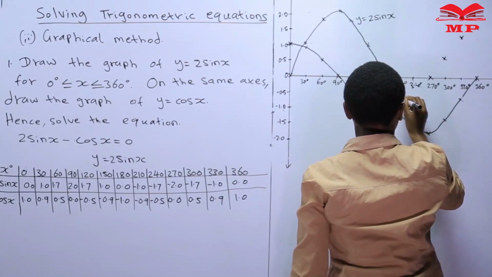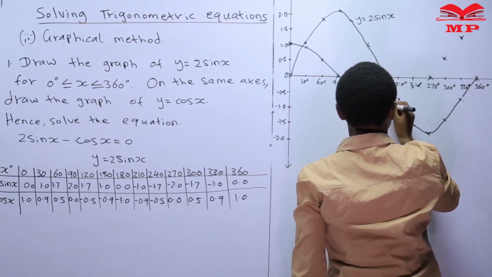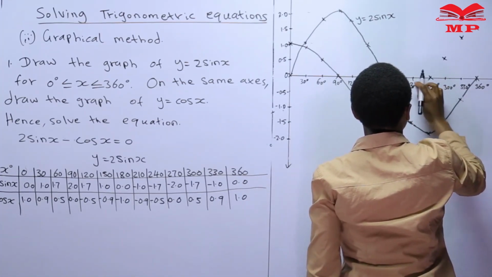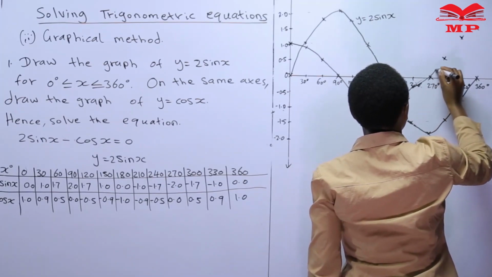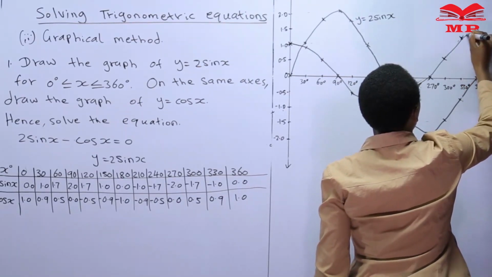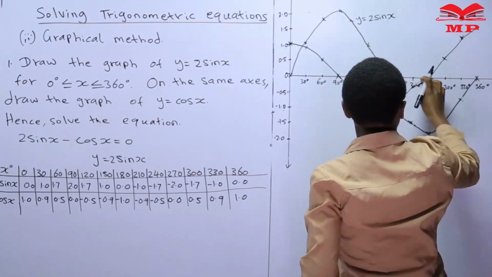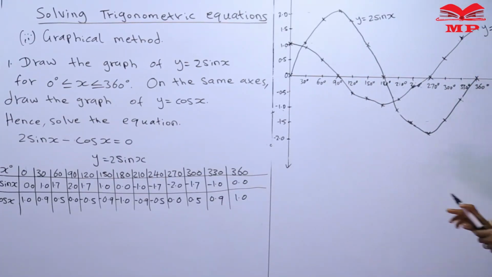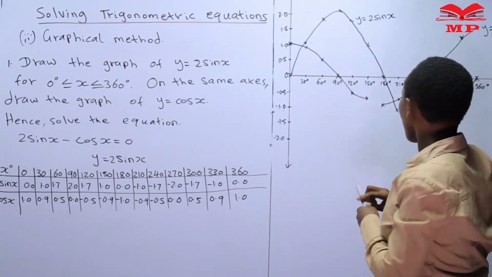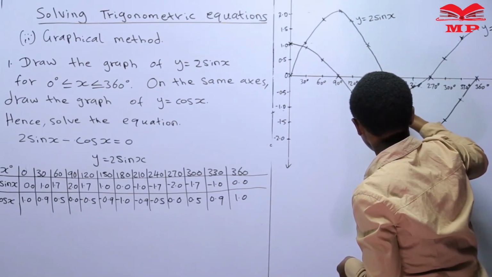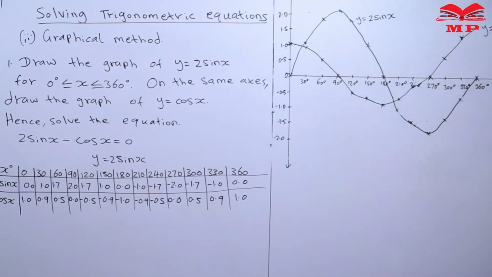So this one is the issue. So we are going to have it this way, moving all the way to 270, then this way, all the way to that other point. And this curve is y is equal to cos x. So that's what we have for the two curves, that is for the two waves. We should ensure that the curve is smooth, and then that's what we have.